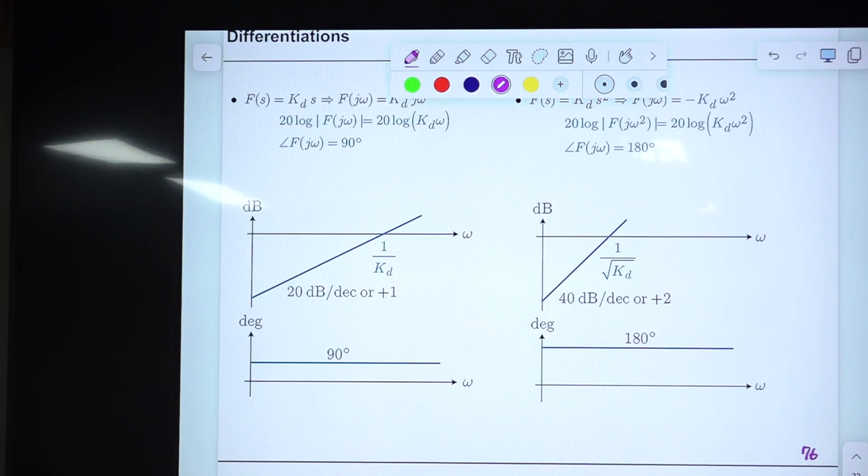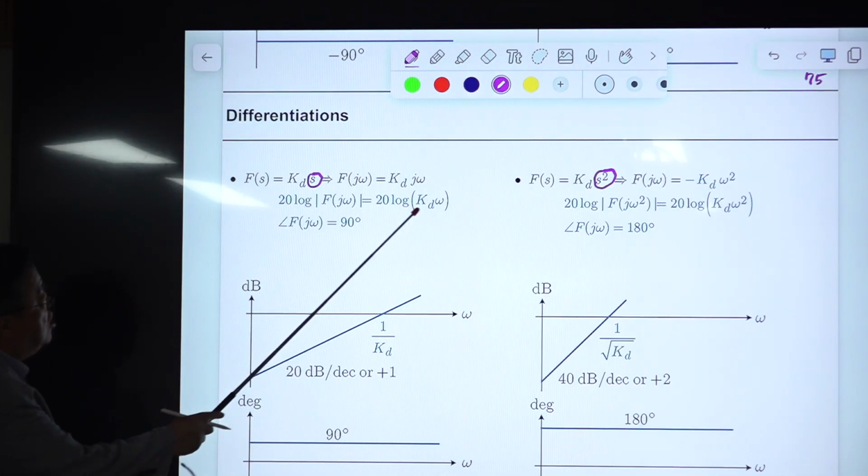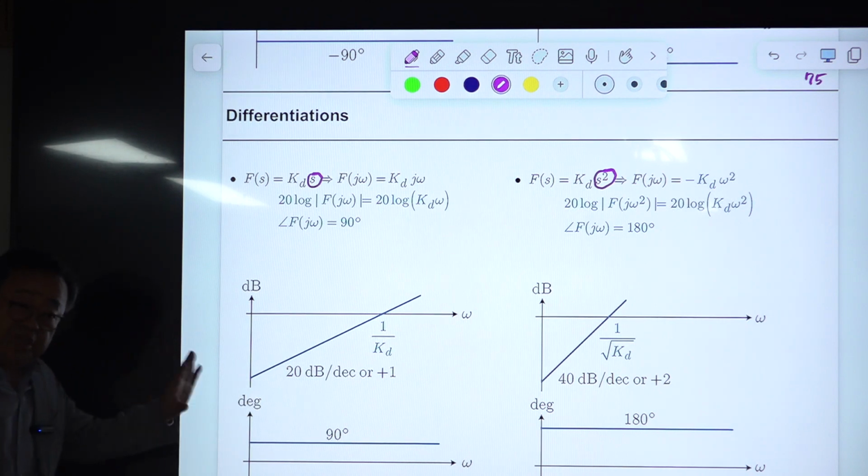And this is, S is in the numerator. This is called differentiation. This is the single differentiation, with S squared as the double differentiation. Opposite to the integration case, this is increasing. You increase this 10 times, then this will be increased by 20 dB, right?